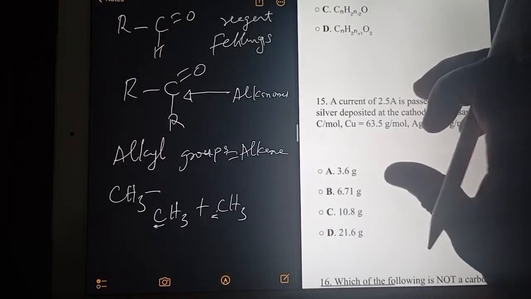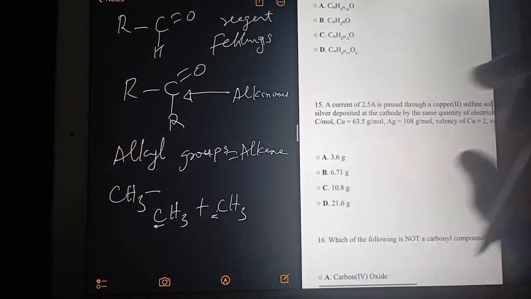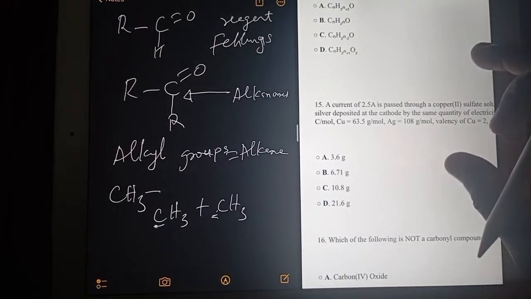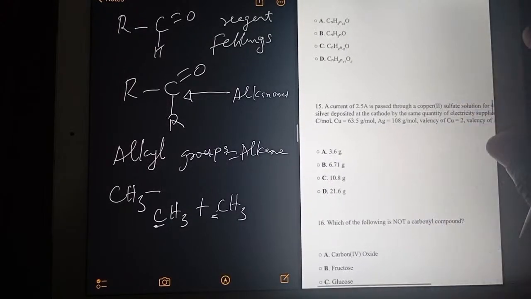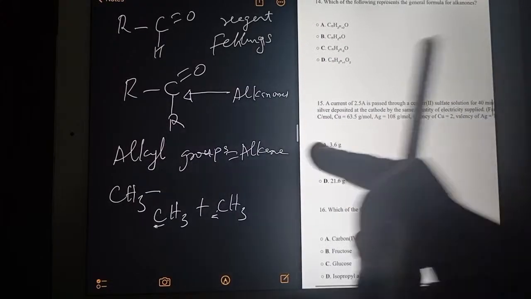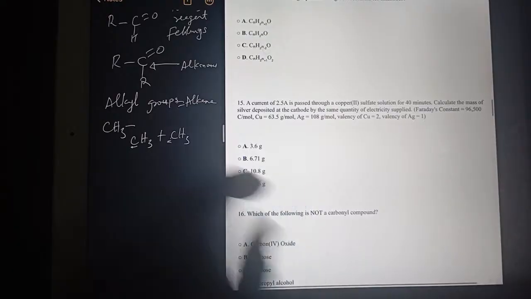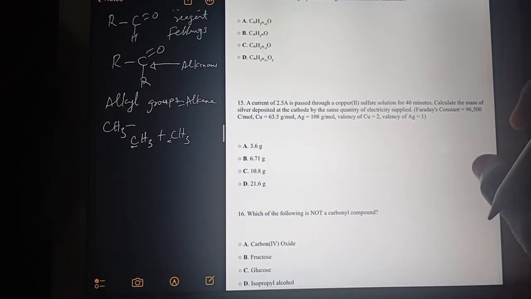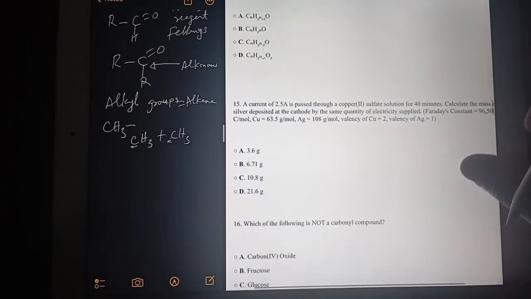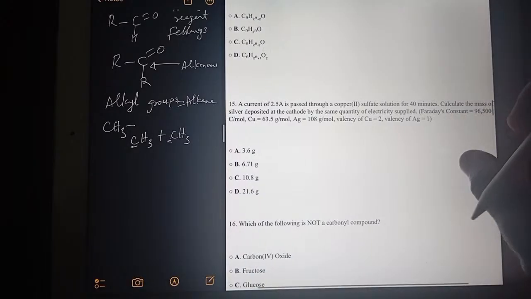So we go to question number 15. Let me increase the screen. The question says that a current of 2.5 amperes is passed through a copper 2 sulfate solution for 40 minutes.